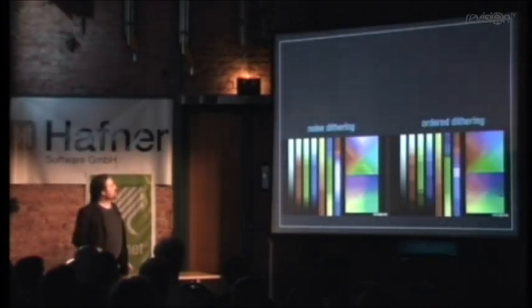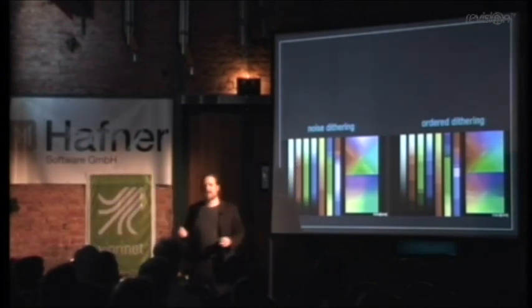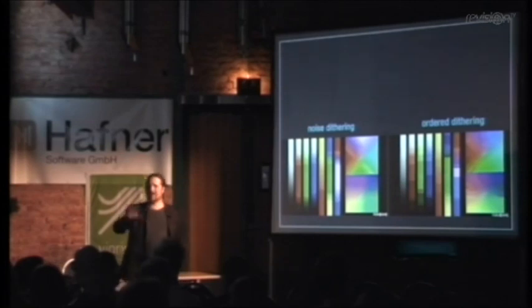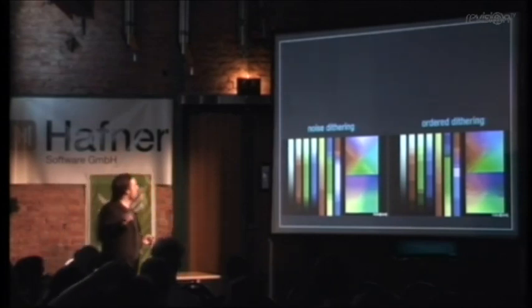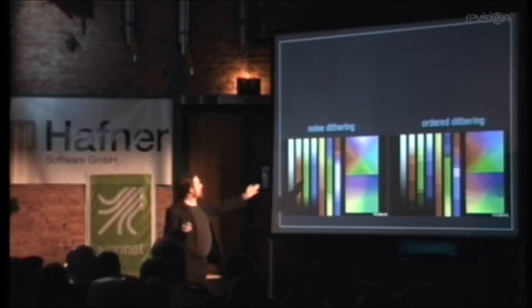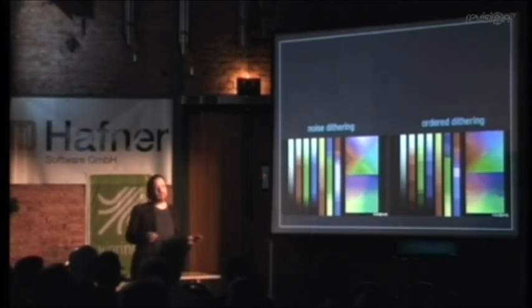Now, how you convert graphics. There are many ways. Lots of people in the old days did plain conversions without dithering. And just a moment. Some people do noise dithering. Some people do ordered dithering. Both features have pros and cons.